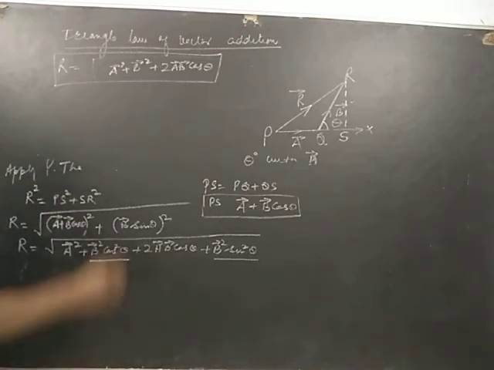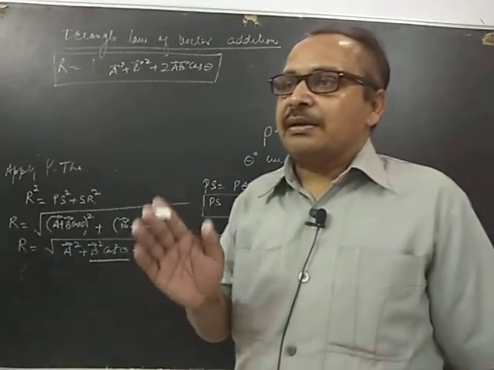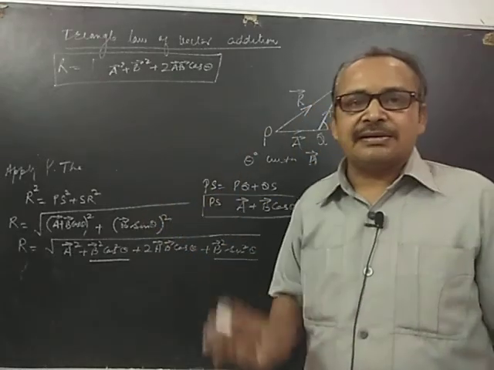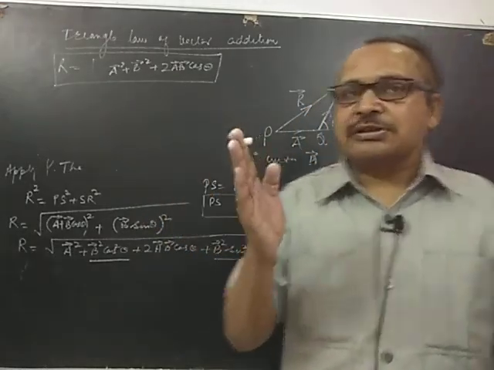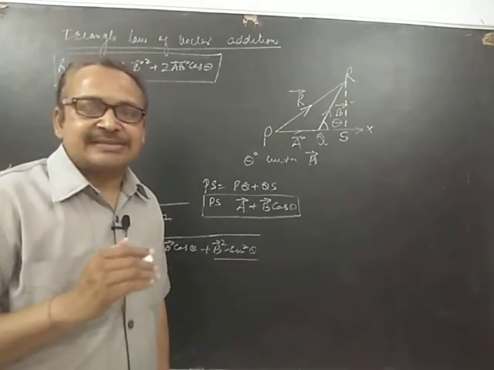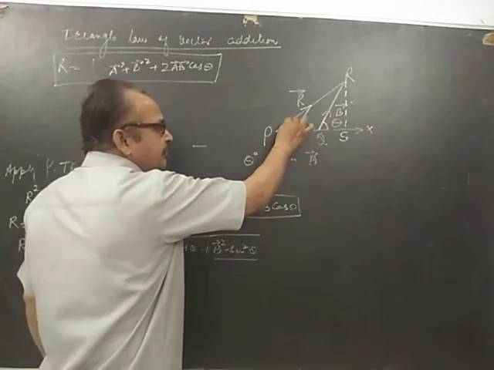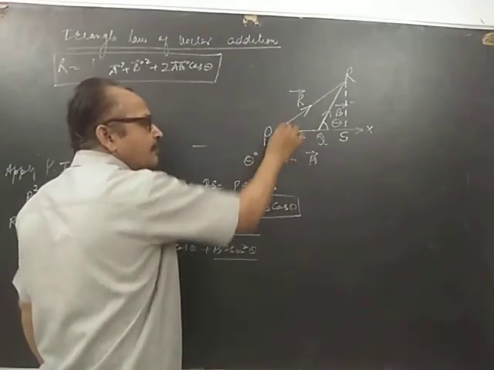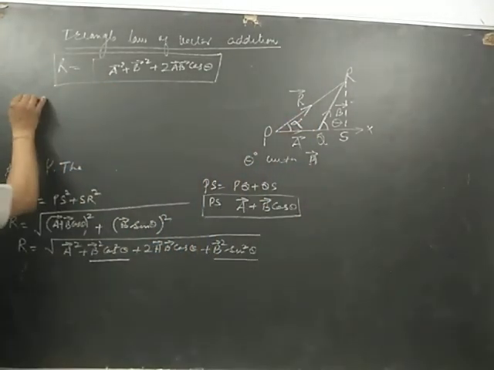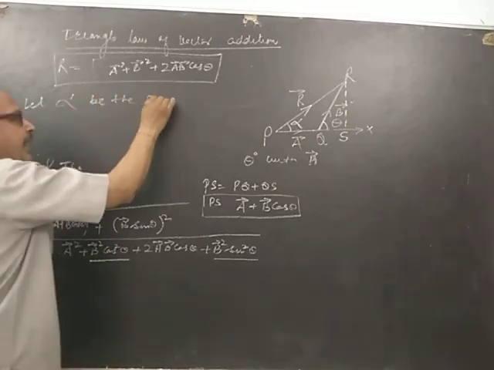Is it clear? Now the second and the very important thing is to find out the nature of the resultant. That means how much the resultant is inclined to the x-axis. That means if we look here, we want to find out this angle. So let us consider this angle to be alpha.